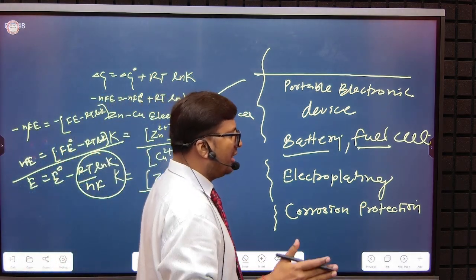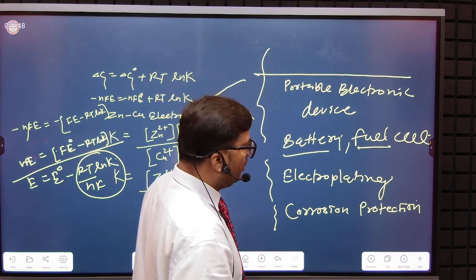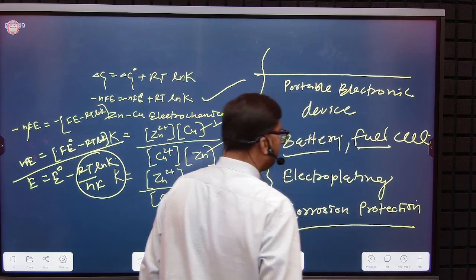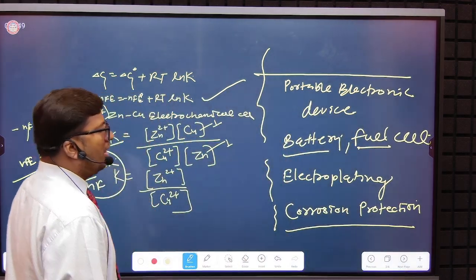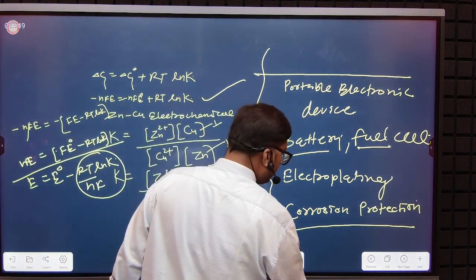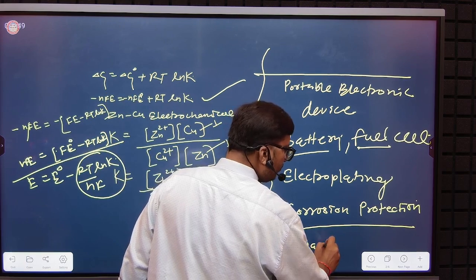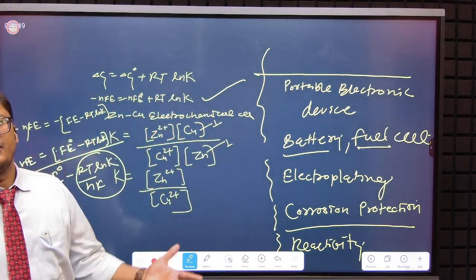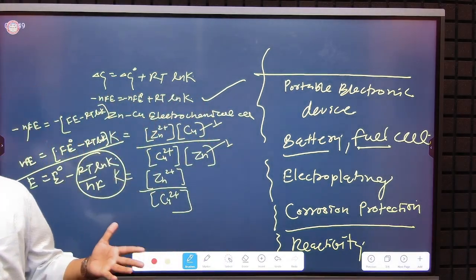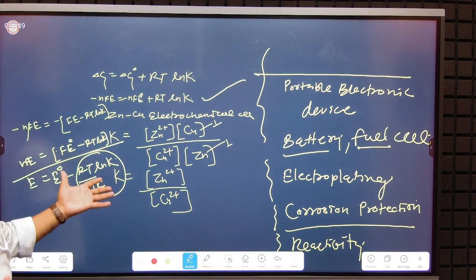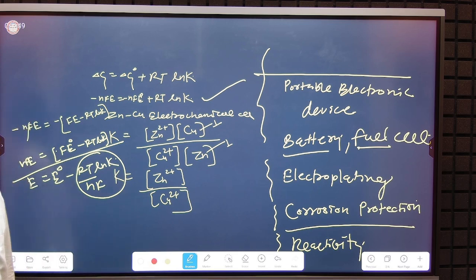So that is the process of corrosion protection. Now another most important application is reactivity. The reactivity of metals in a particular electrochemical setup can be estimated through knowledge of the electrochemical cell and cell potentials.